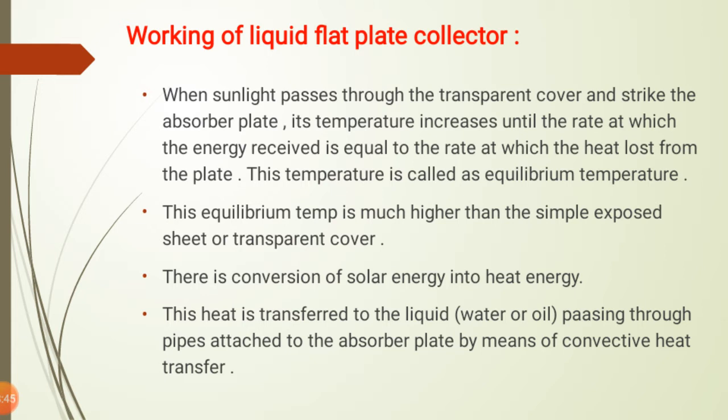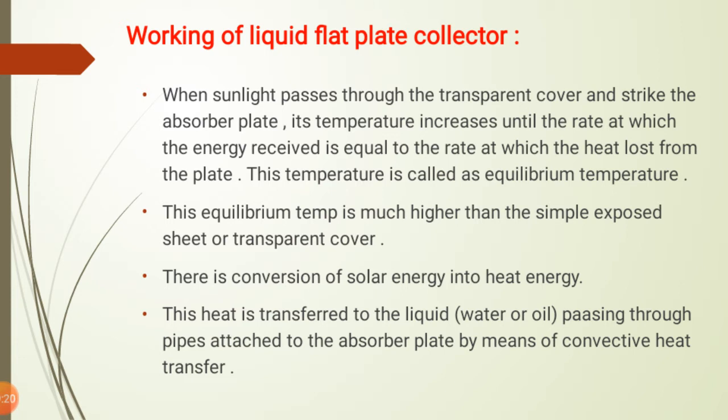So the temperature increases, but up to where? Until the rate at which the energy is received is equal to the rate at which the heat is lost from the plate.